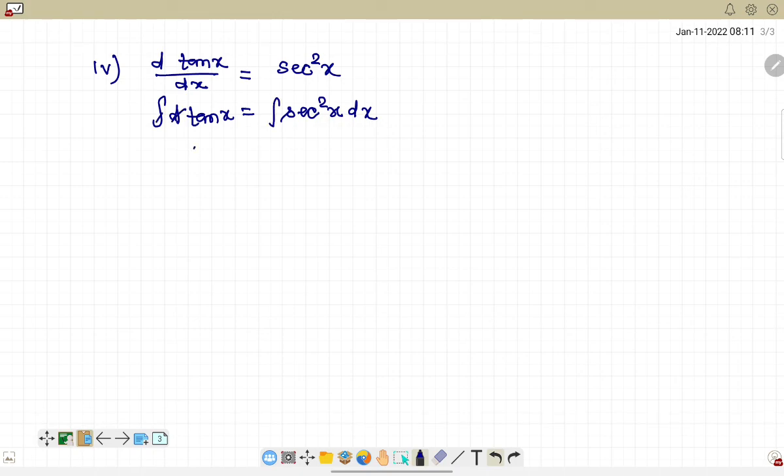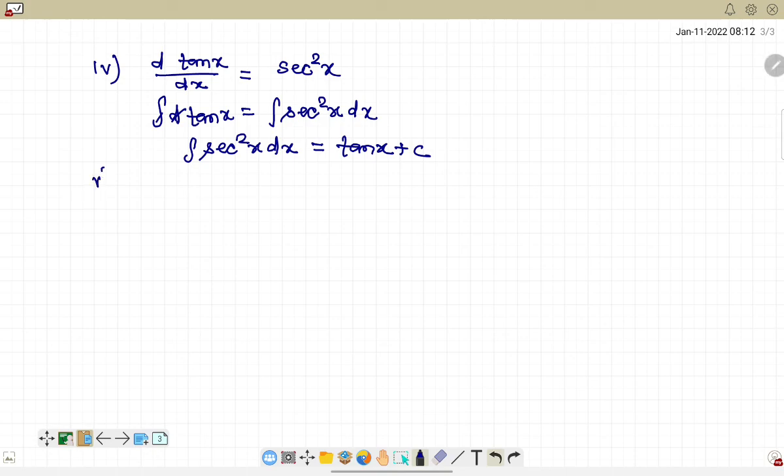So we can write integration of secant square x dx is equal to tan x plus c. So no need to remember or learn the whole formula. Just try to find the relationship between differentiation and integration. If we differentiate any function, then we get some value, and once we integrate that value, we will get the original function back.